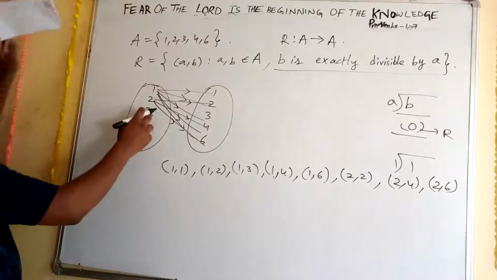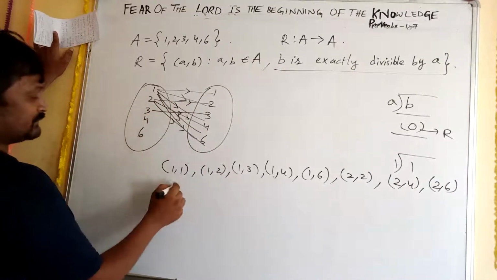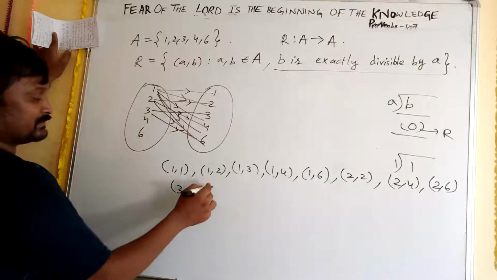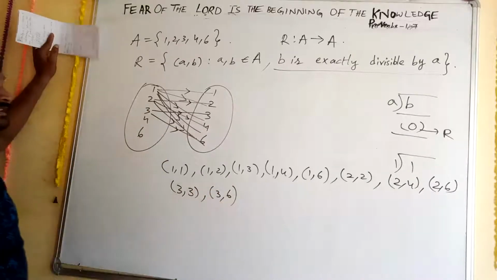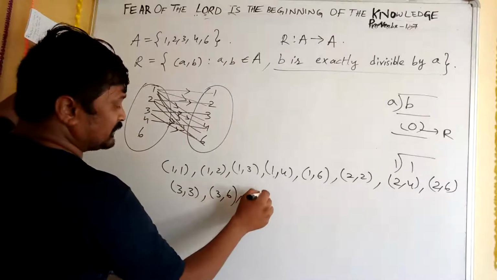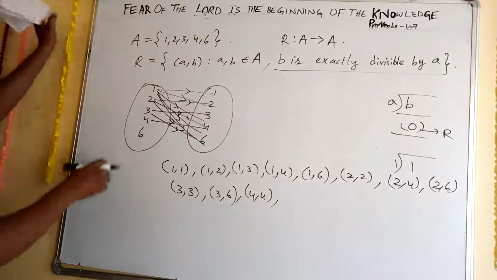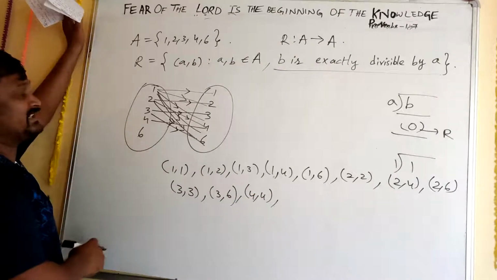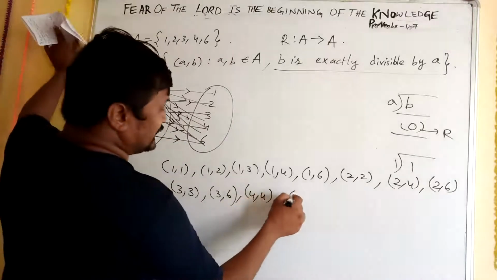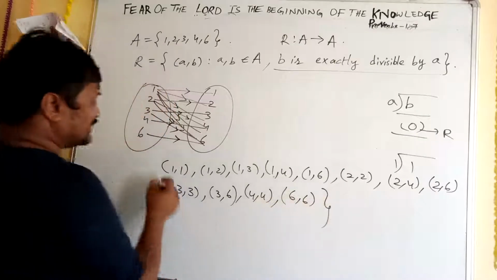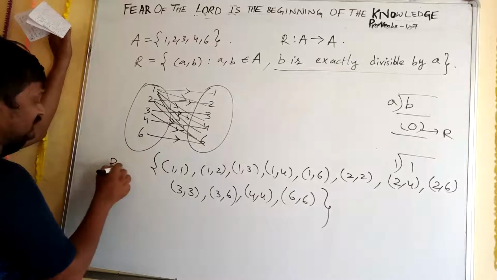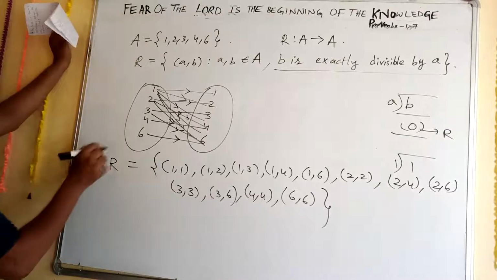Next, 3: 3 upon 3 is possible, so (3,3). Then 3 twos are 6, so (3,6) is possible. Next, 4 upon 4, so (4,4) is possible. Next, 6 upon 6, (6,6) is possible. These are divisible, so now we can write this as the relation in roster form.